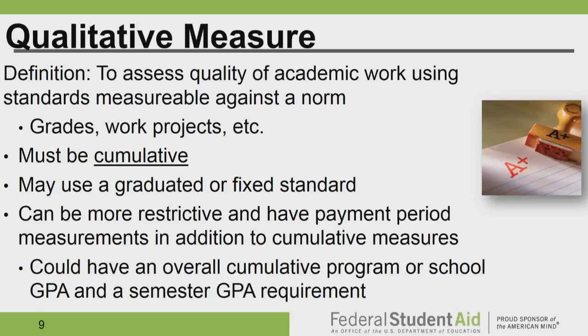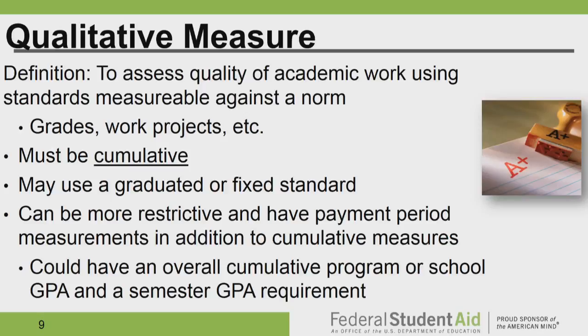So you're looking at the cumulative standard from our perspective in terms of checking for SAP. Now again, you can use multiple ways of doing this, and if you want to be more restrictive and you want to impose a semester or a term requirement or a payment period requirement if you're a clock hour school, you can certainly do that.